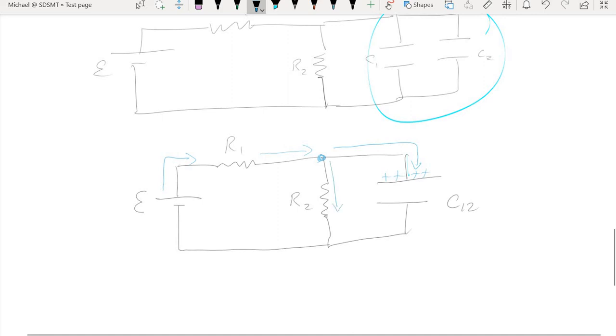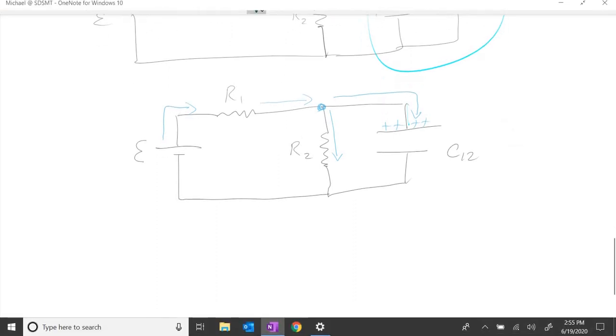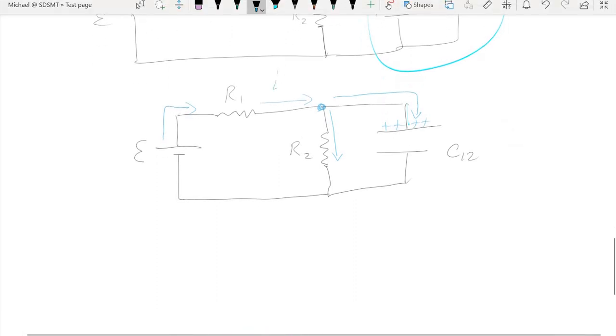But some of the charge will pass through resistor 2. Whatever this incoming charge is going to have to equal the currents that split to go to resistor 2 and to the capacitor.